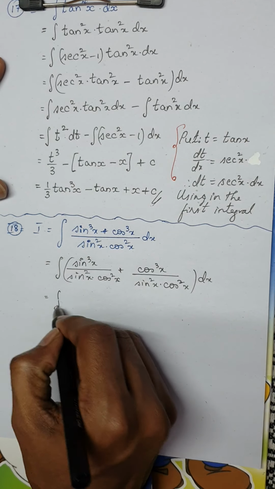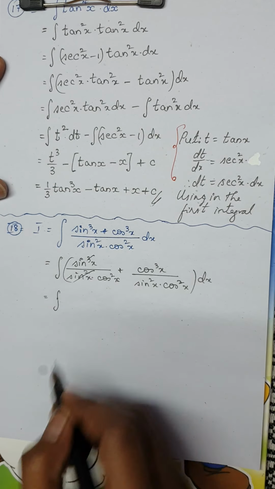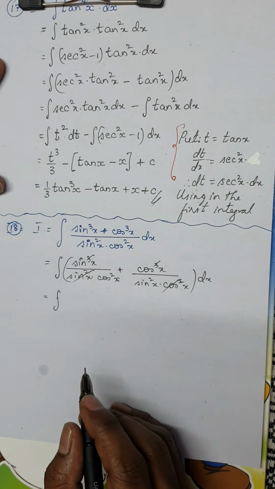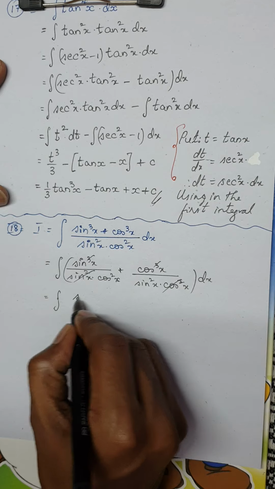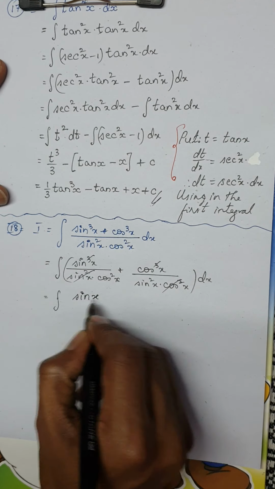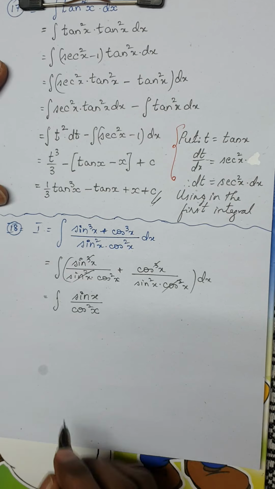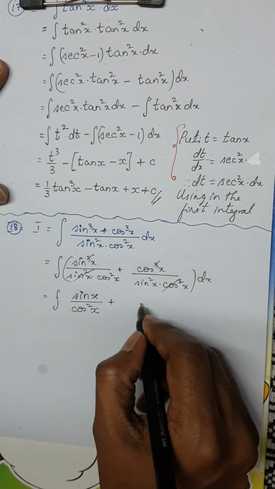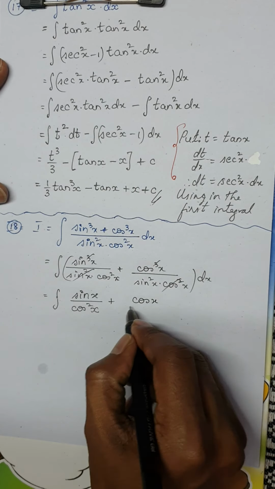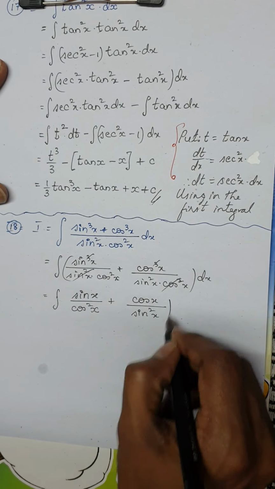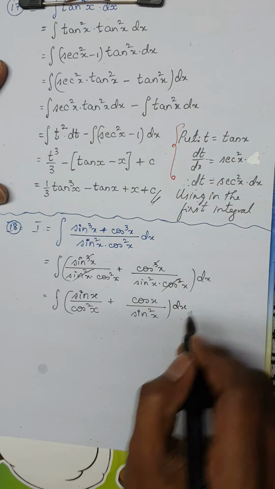This is nothing but the integral of: both the sin square will cancel here and both the cos square will cancel here. So I am left over with sin x, one power of sin remaining, divided by cos square x, plus here I have cos x, single power, divided by sin square x, and this is dx.